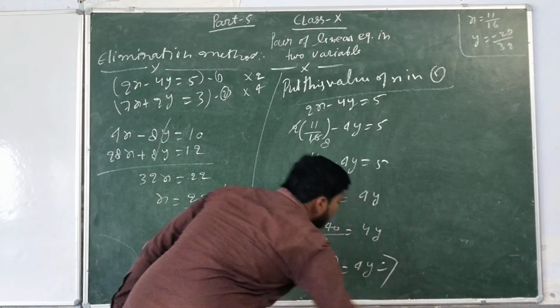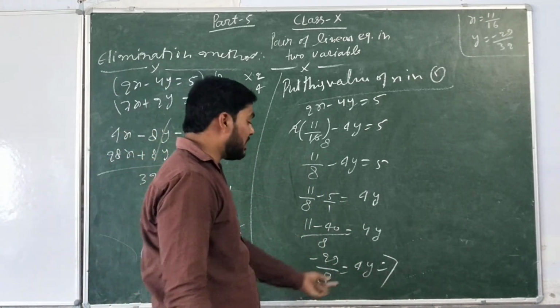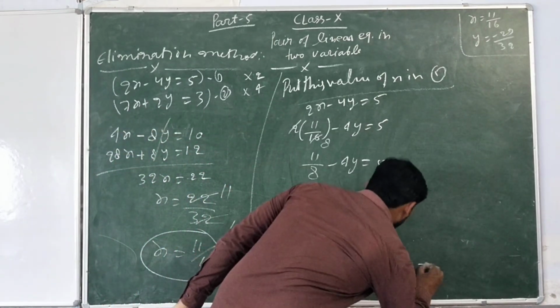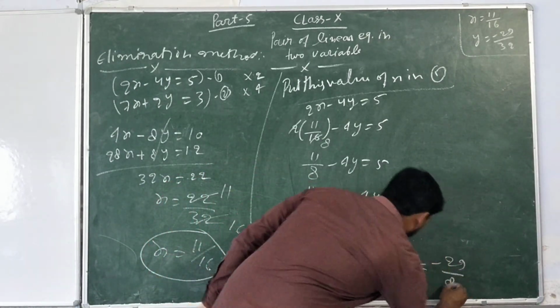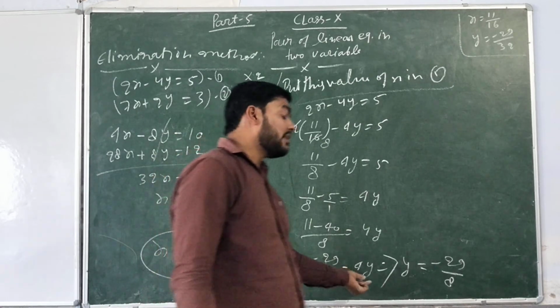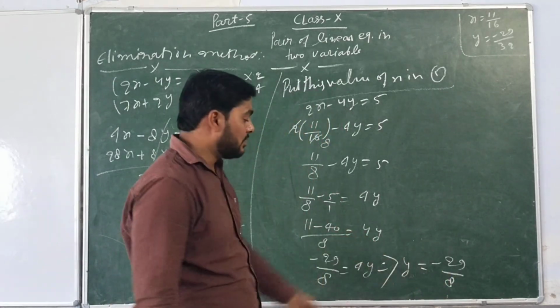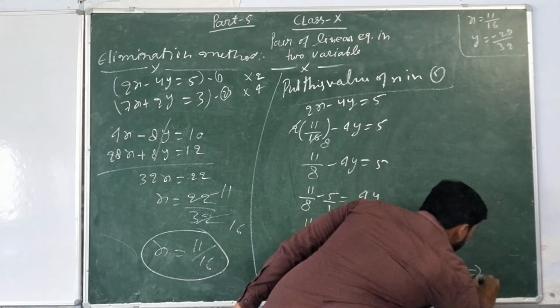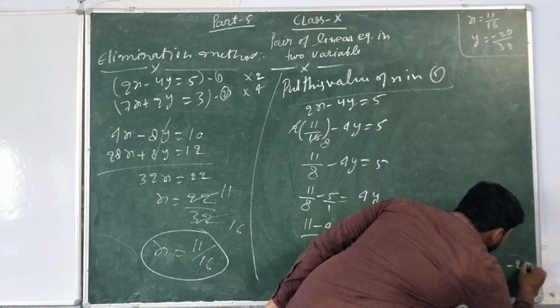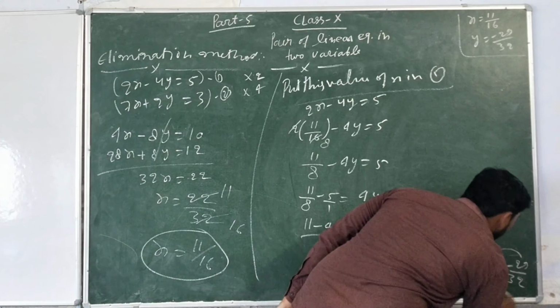When you solve this equation, you get the value of y as minus 29 upon 8, divided by 4, that is multiplied by 1 by 4. Then you get the y value as minus 29 upon 32.